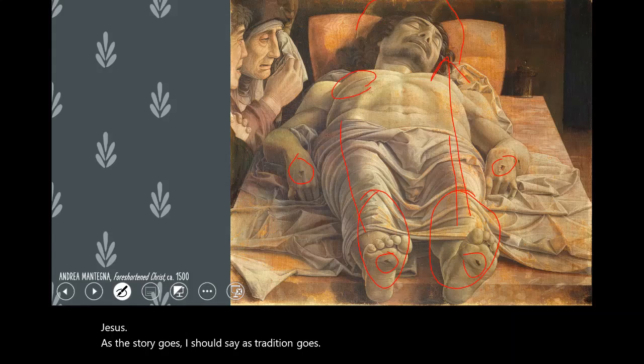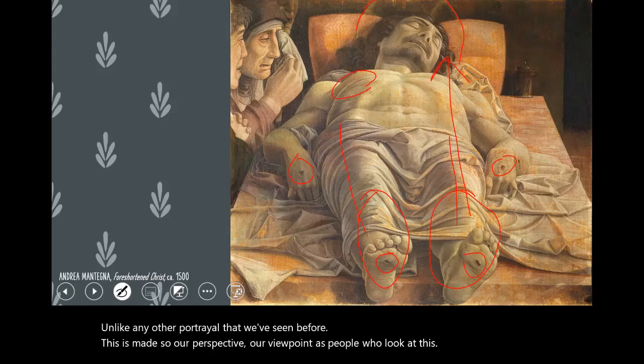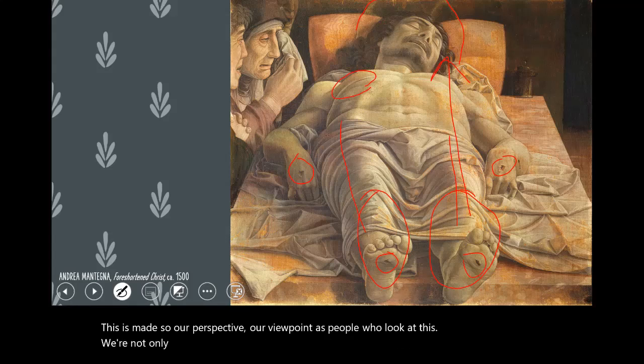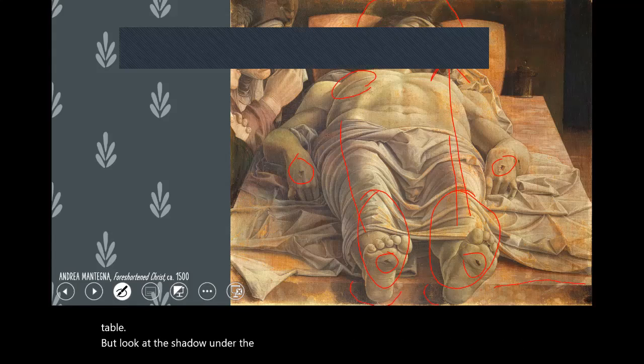Unlike any other portrayal that we've seen before, this is made so our perspective, our viewpoint as people who look at this, we're not only given a picture window that is illusionistic, as if we could reach in and touch the table, but look at the shadow under the heels and the edge of the table here.